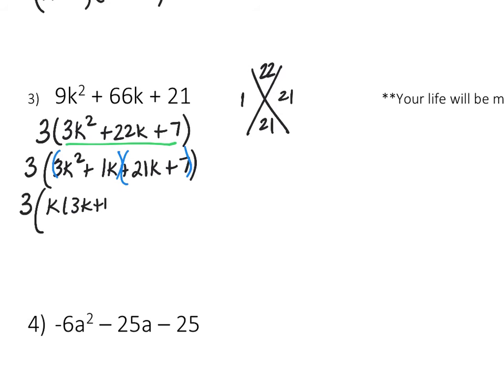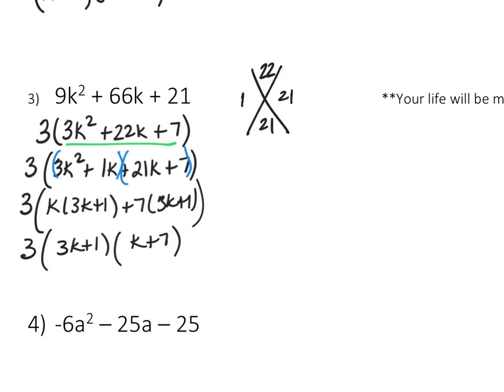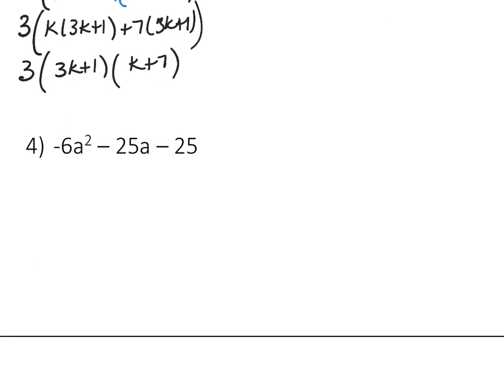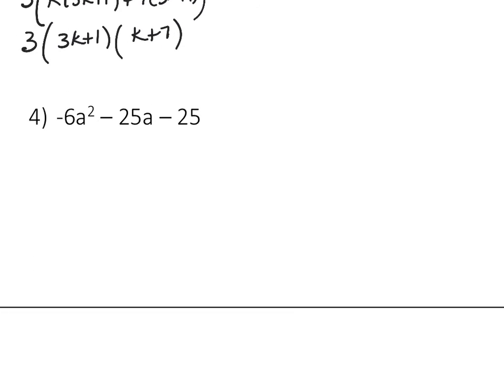This will become 3k plus 1 plus 7, 3k plus 1. So I've got the 3, and then inside of there I've got a 3k plus 1 and a k plus 7.